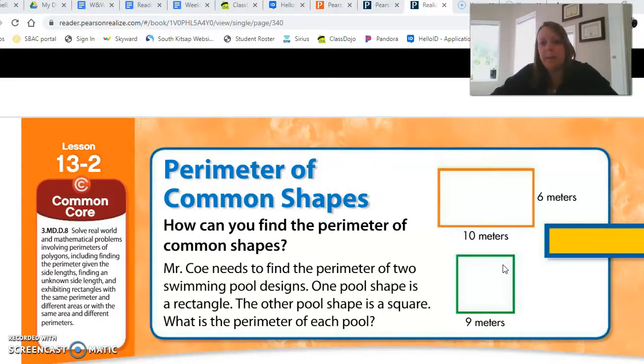Well, wait a minute. If the top and the bottom are the same, can't I say 10 times 2? I can multiply 10 times 2, and I can do the same thing with the 6, and 6 times 2.